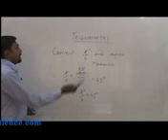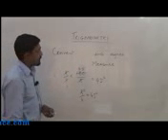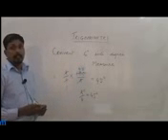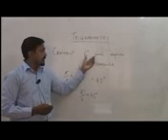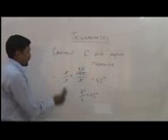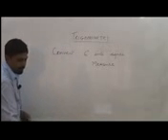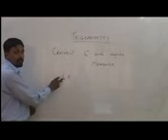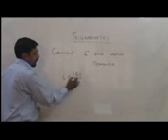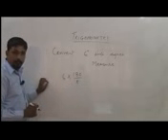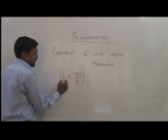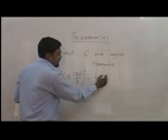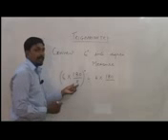Now take another example. Convert 6 radian into degree measure. We follow these steps. First, convert radian measure into degree measure by multiplying by 180 upon pi. Now next step is to put the value of pi as 22 upon 7.